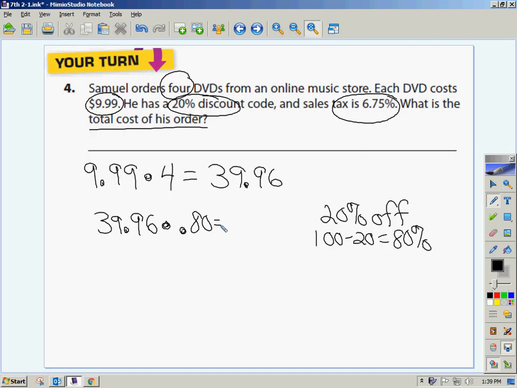It'd be $31.97, because it came up to 31.968, but this is going to make this round up to a 7. Everybody see that?